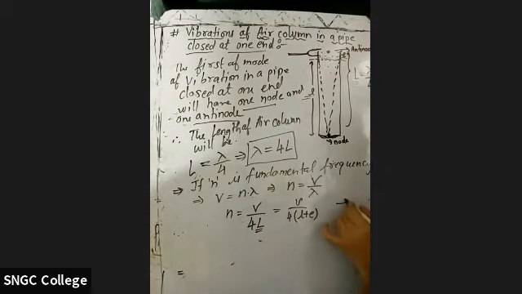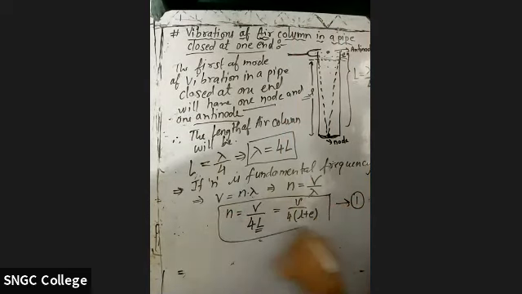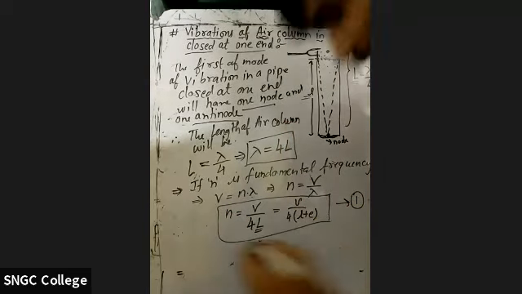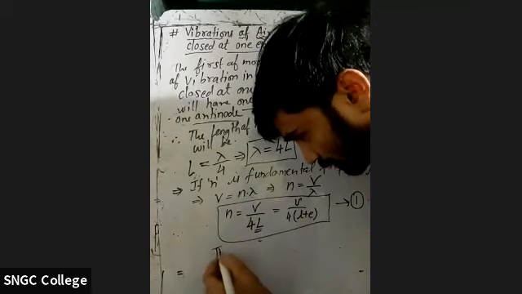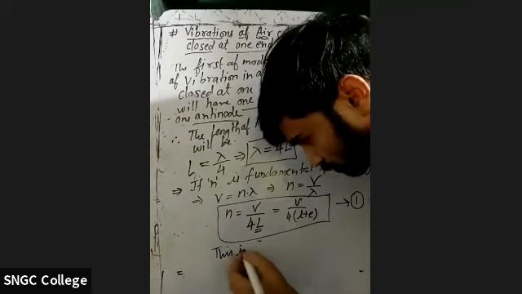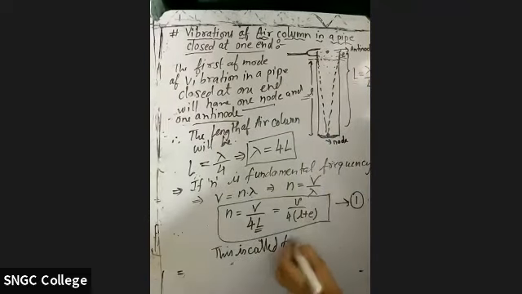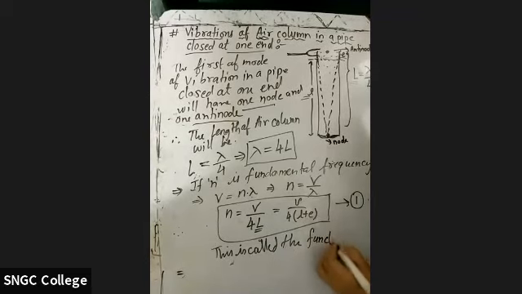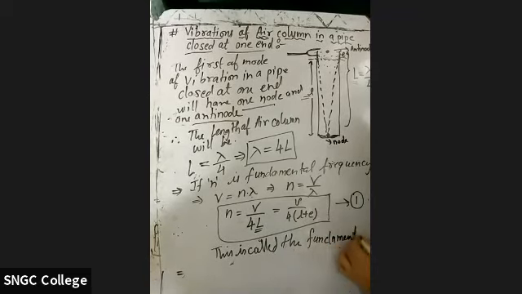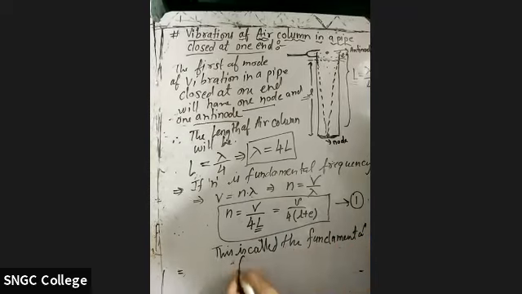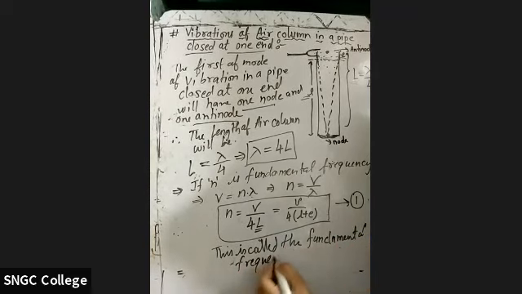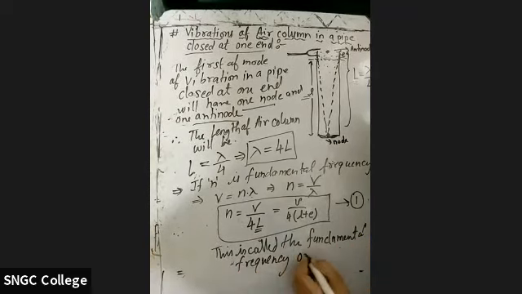Okay, so let this be equation number 1. We can write here, this is called the fundamental frequency. और इसका दूसरा नाम क्या है? फर्स्ट हार्मोनिक.